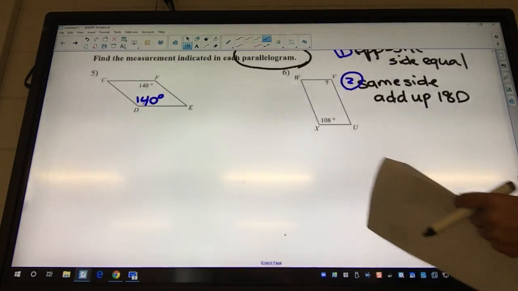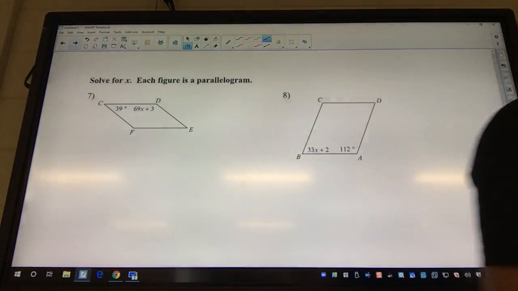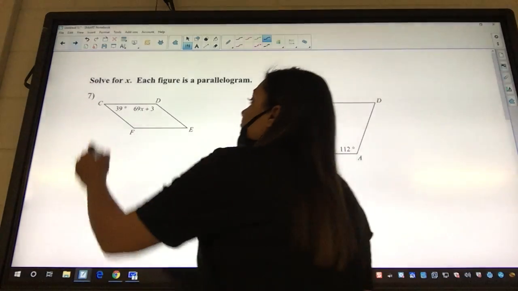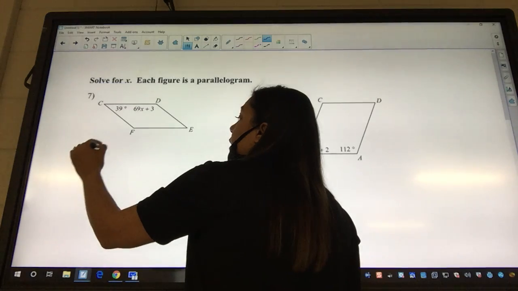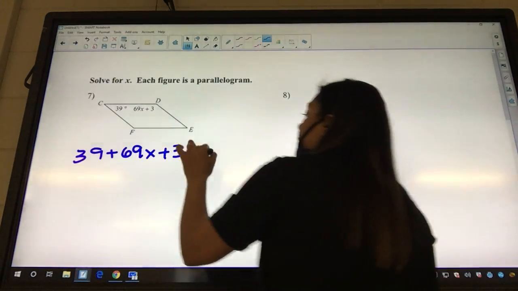Okay. Look at 7. Okay, are they same sides or opposite sides? Same sides, which means they should add up to be what? 180. So we take 39 plus 69x plus 3 equals 180.